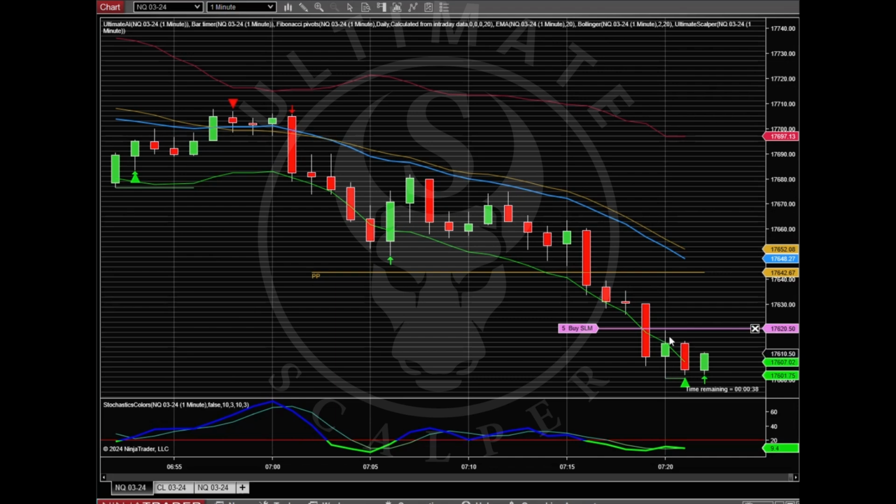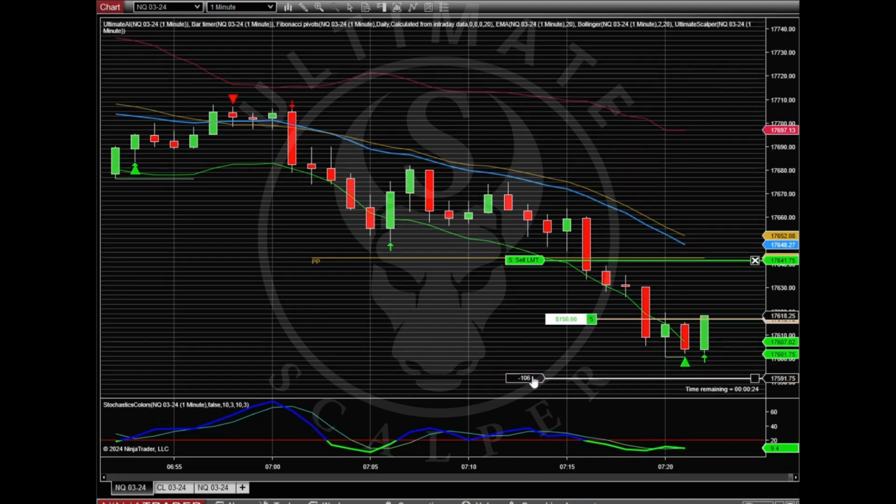Okay, it didn't break out, but if you took it on the close down here, it would have been a winner. I am getting a small green here, so I could take the breakout here on the 1 minute. It's going to be a very quick trade for me.